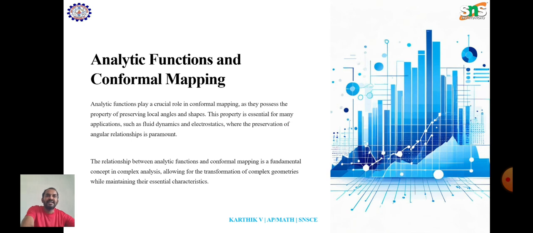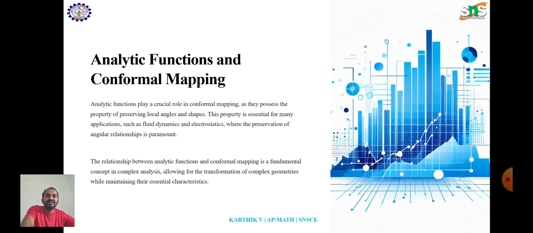Properties. Analytic functions have a well-defined derivative. They can be represented by power series expansions. Conformal mapping. A conformal mapping is a transformation of the complex plane that preserves angles locally.